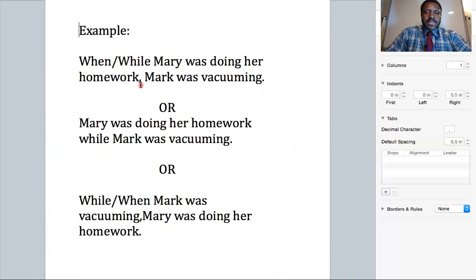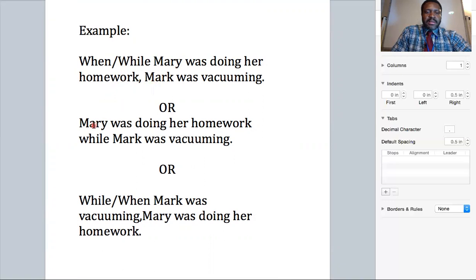If you notice this sentence, we have a comma here, but here there is no comma. Why? Because when or while Mary was doing her homework is a dependent clause, a time clause. When a dependent clause comes first in a complex sentence, we put a comma after it.